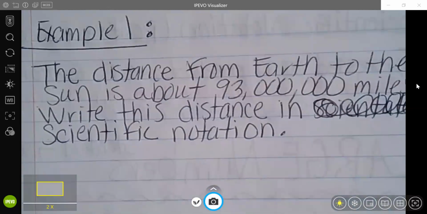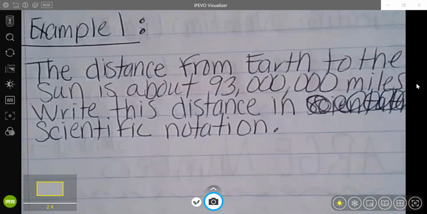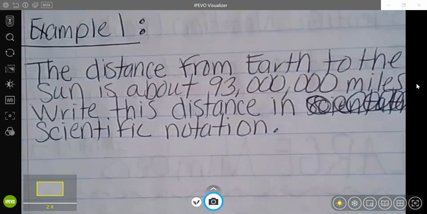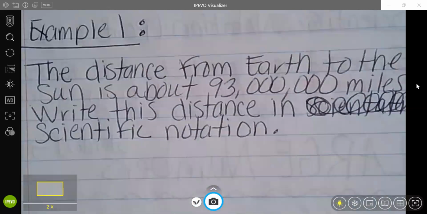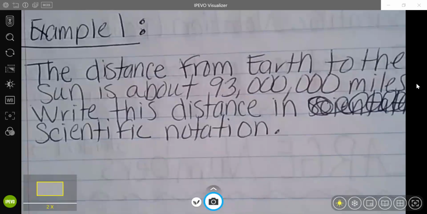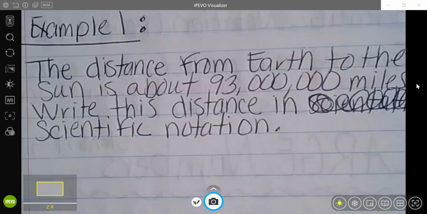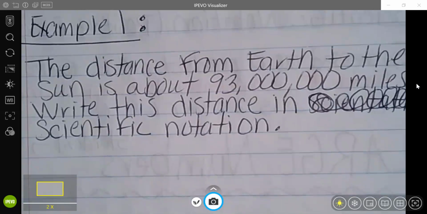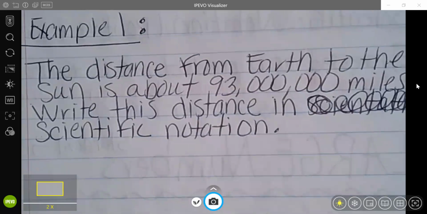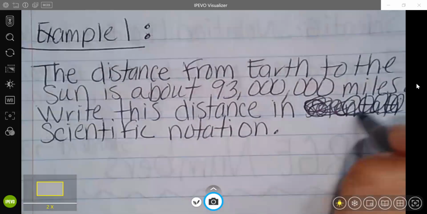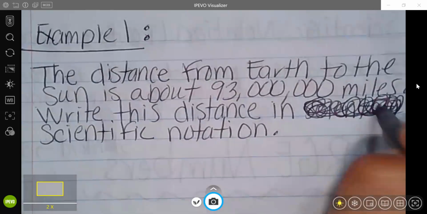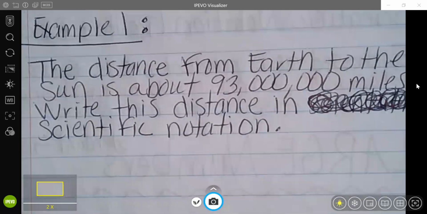And it says here, the distance from Earth to the sun is about 93 million miles. And then we're gonna write this distance in scientific notation. So if someone asks you, what's the distance from Earth to the sun? Now you know, it's about 93 million miles.